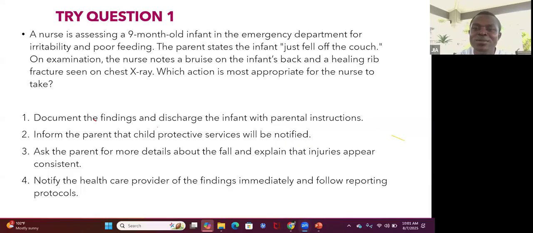So you see how the presentation will always come in. When you get these questions and you read them like this, you see what the parent is saying is different from what is really happening. They are inconsistent, so you can just suspect. And after all, when you suspect, you know the first thing to do, right? So I think we are all correct.